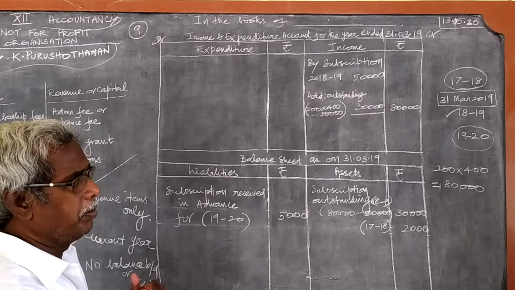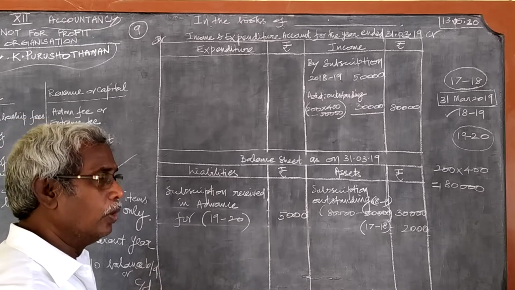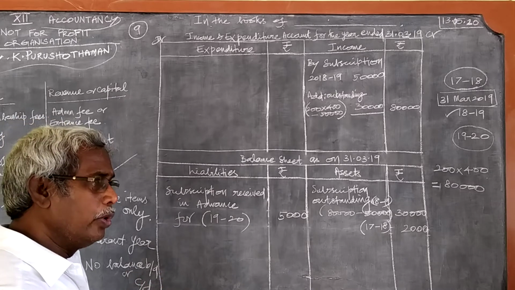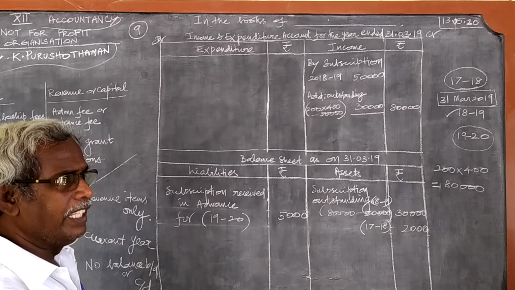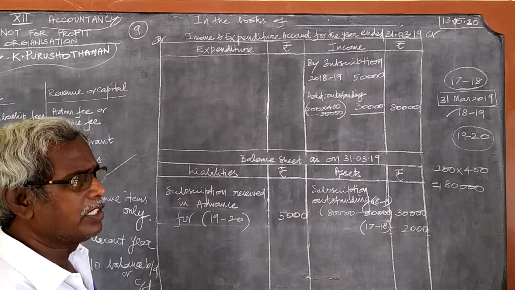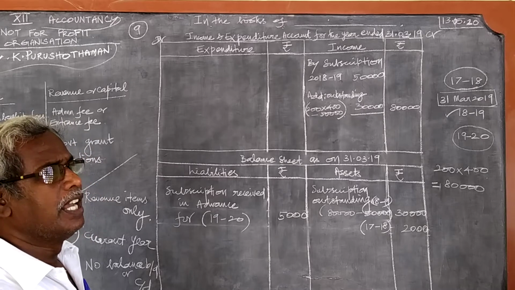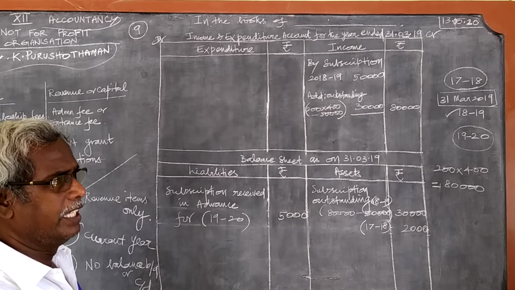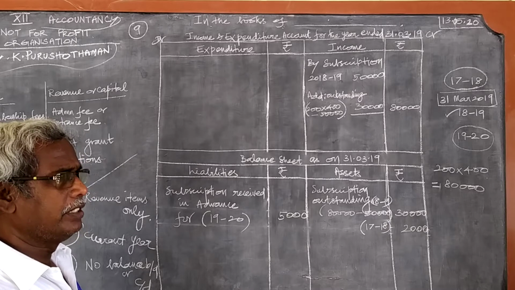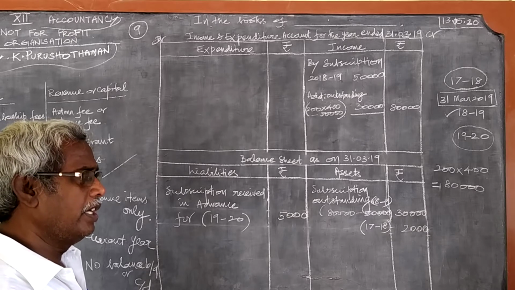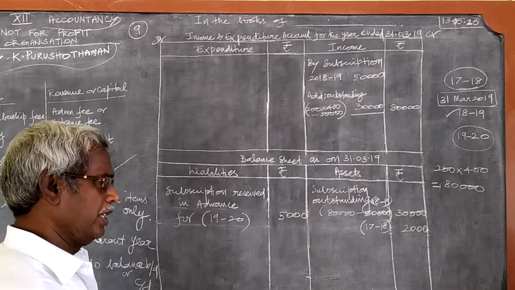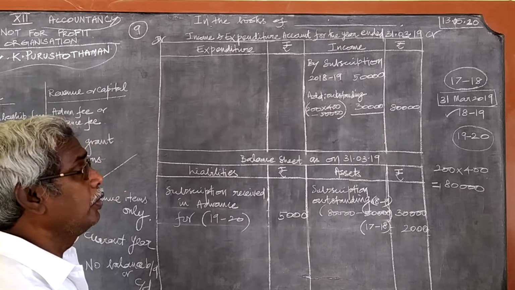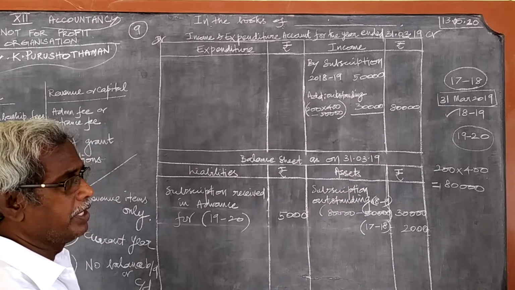Under not for profit organization accounts, what do you mean by the final accounts? It is not like trading, profit and loss account and balance sheet as we have seen under general joint companies, or in general accounts, in profitable organizations, but this account is not for profit organization.